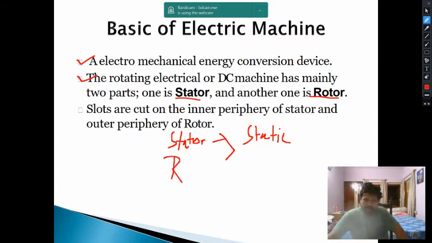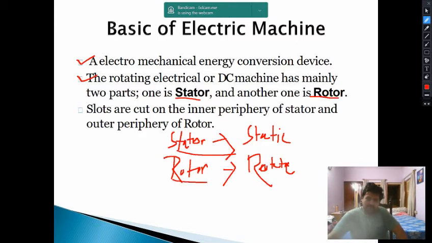Whereas rotor, the word comes from rotate. So the stator is static and the rotor is rotating.